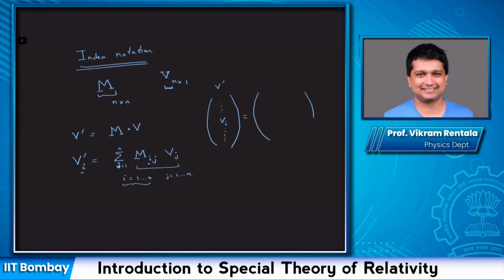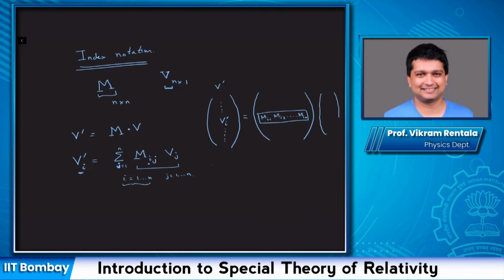And the statement is, if we want to find what v prime I is, then what we need to know is in the matrix M, we need to find the ith row. So this would be Mi1, Mi2, and so on till Min.